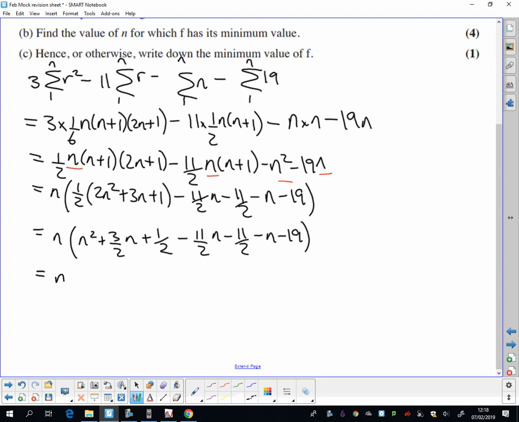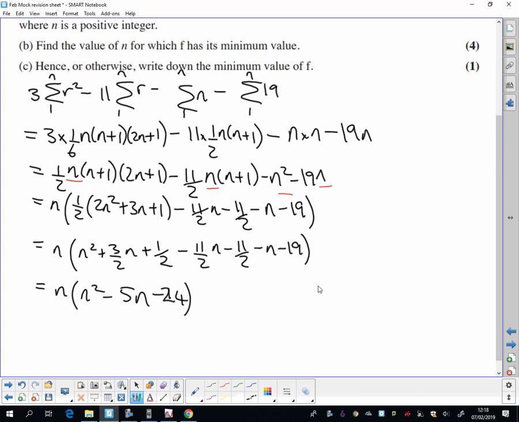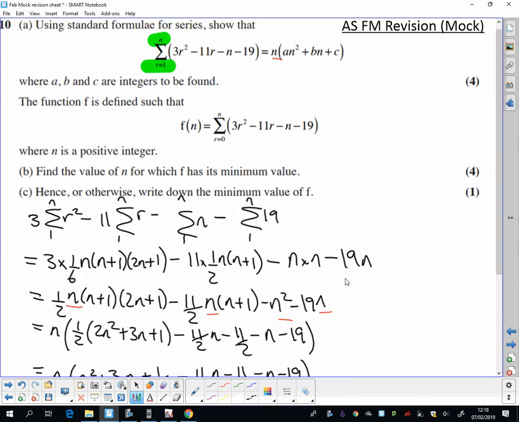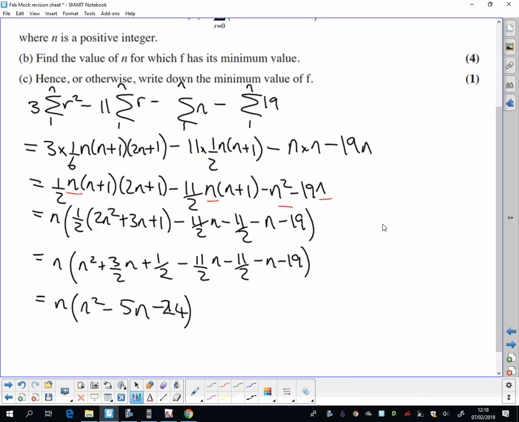And then combine some terms together. And you should be able to get to n squared minus 5n plus 24. Have a check. It just wanted us to show that, so that's the form it required.